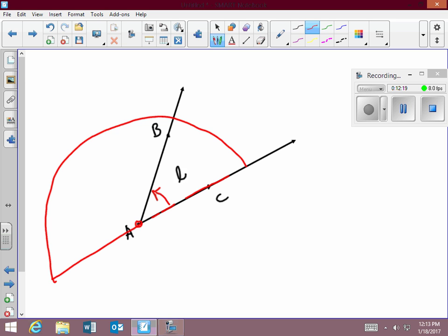Because they have the postulate 2.7. If we place one ray on the angle 0 degrees on the protractor, they're just saying that there's a one-to-one correspondence, and that's how you'd lay it out. Now the definition on page 43, acute angle, this particular angle that I've drawn here would be an acute angle.